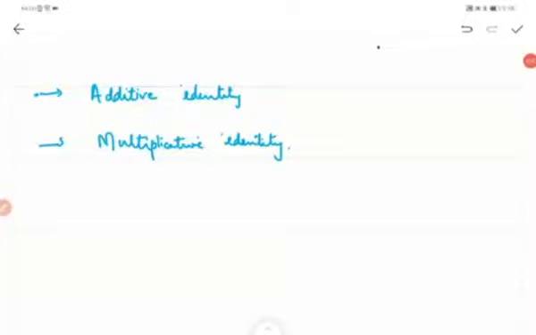Today in class, get used to these two terms: additive identity and multiplicative identity. Identity means what? Everyone has their own identity, isn't it? So what is the identity for addition? What do I mean by this?